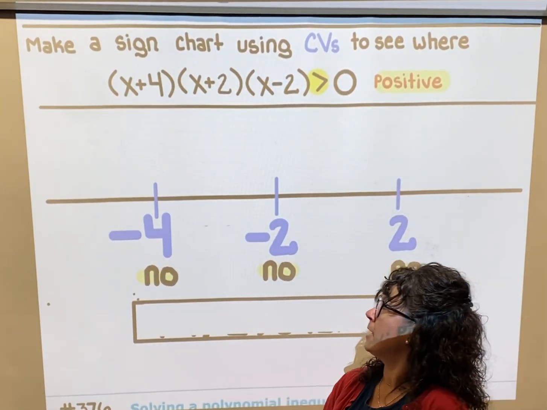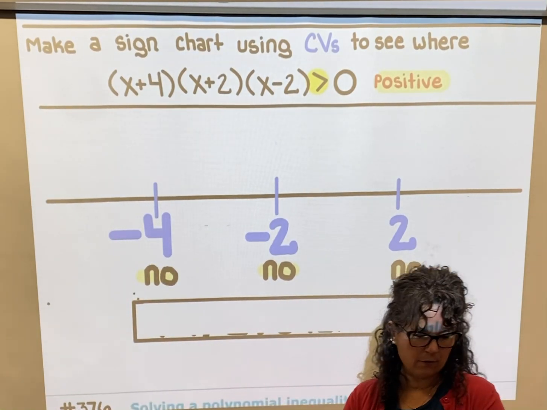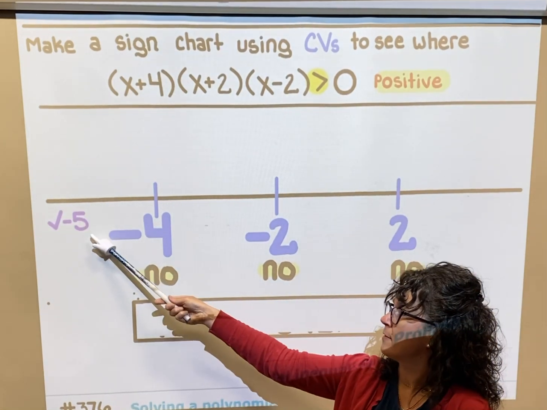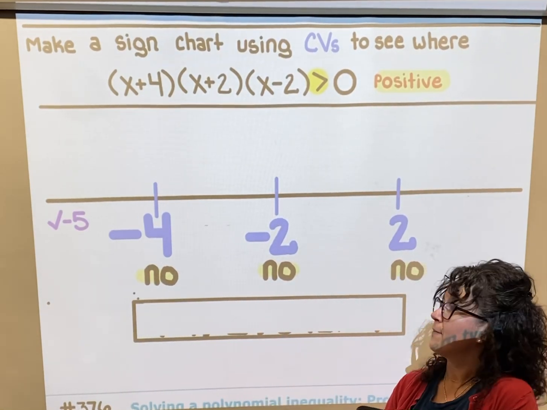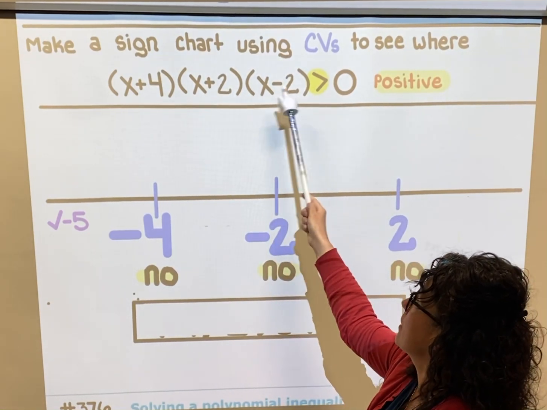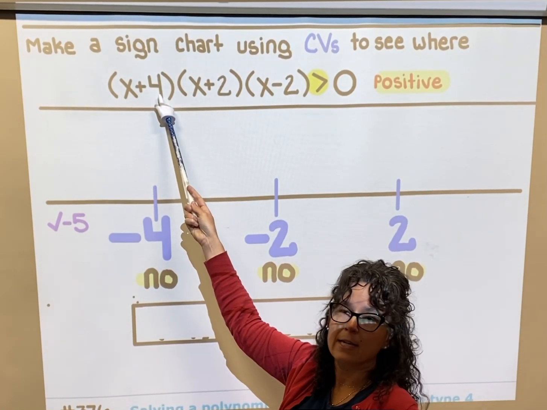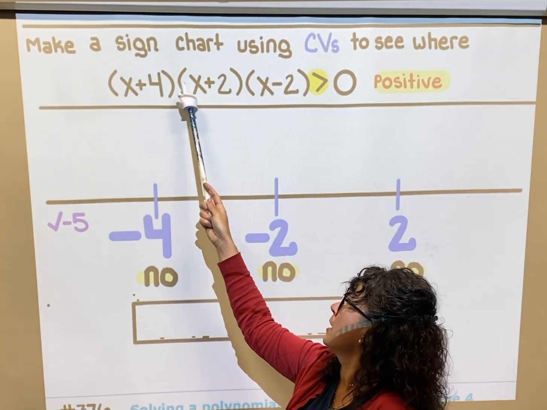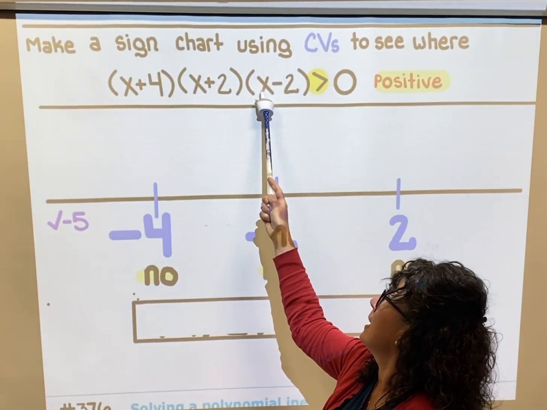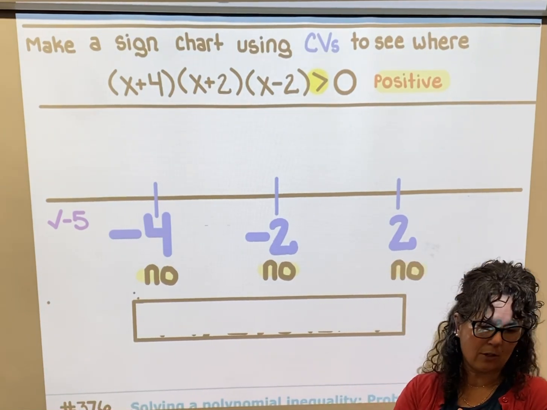So I'm going to pick any number I want as long as it's to the left of negative 4. So maybe let's test negative 5. If I substitute negative 5 in here, negative 5 plus 4 is a negative answer. Negative 5 plus 2 is a negative answer. And negative 5 minus 2 is a negative answer.